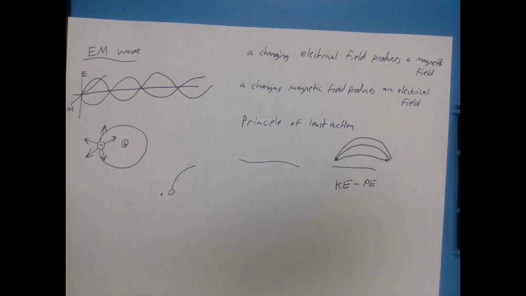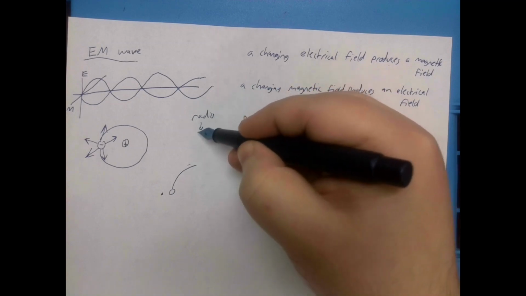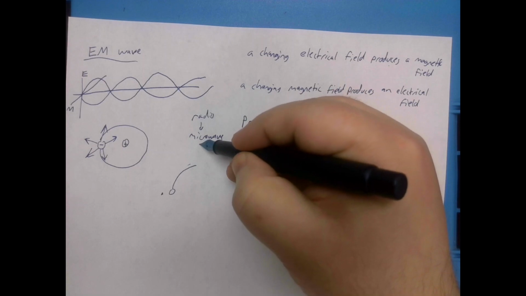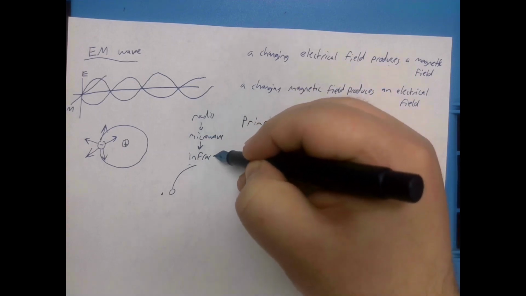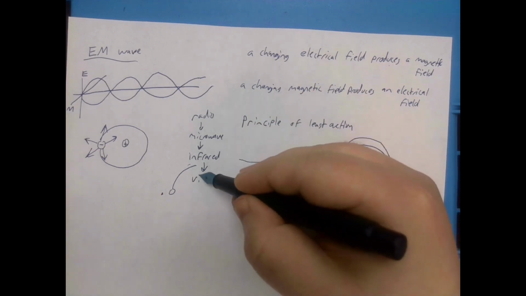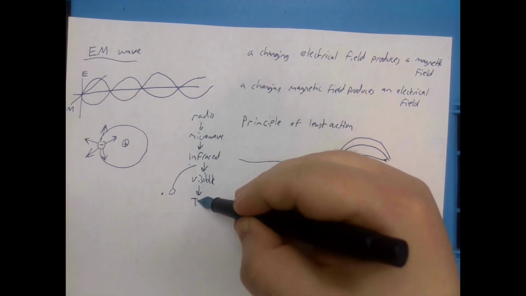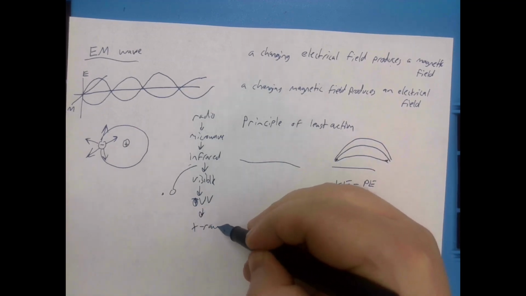Do you remember all the light? We have radio. Then we have microwave. What comes after microwave? Infrared. Then visible. Then ultraviolet. Then X-ray. And gamma.